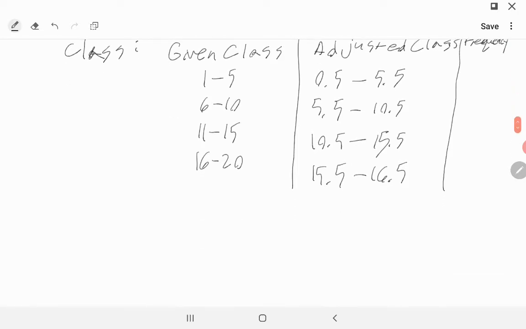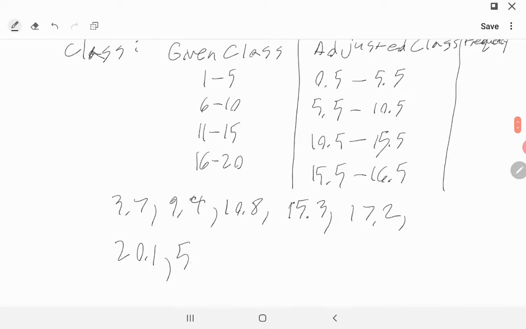we notice that if we picked a random selection of values, so if we said 3.7, 9.4, 10.8, 15.3, 17.2, 20.1, 5.7, 10.2, 11.3, 15.2, notice the adjusted class, we want to go 15.5 to 20.5.